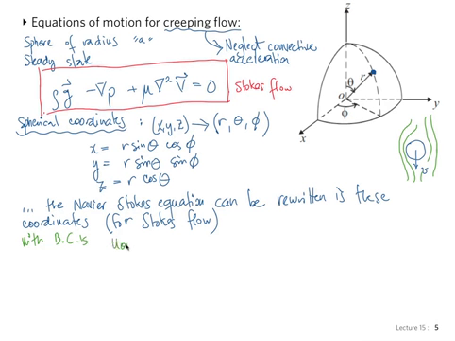The boundary conditions are no slip, so the theta component of velocity is equal to 0 at r equals a, and also the r component is equal to 0 at r equals a. This is no slip, and this is basically what we call the no through boundary condition. The flow cannot penetrate the particle.